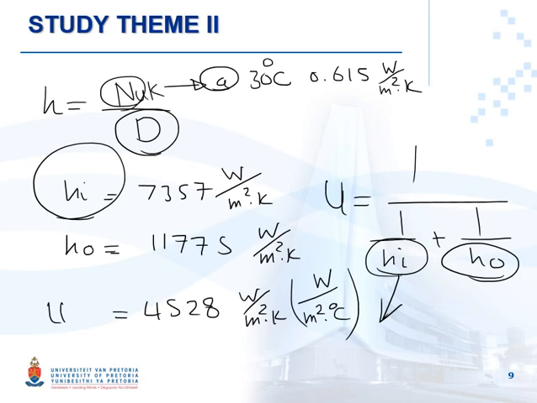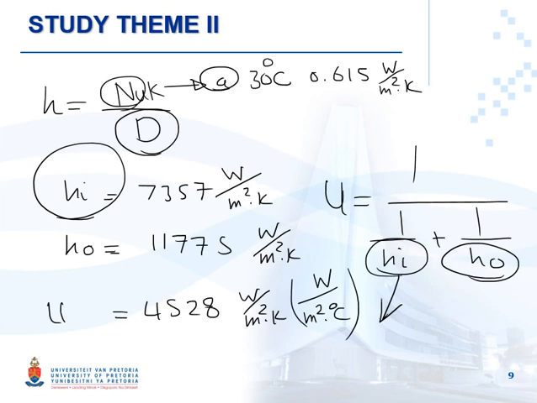Very simply, first calculating Reynolds with properties at the bulk temperature, inlet plus outlet divided by 2. After that, finding the right correlation for Nusselt number based on the Reynolds number. Finding the Prandtl from the table again at the bulk temperature, and finding the heat transfer coefficient.